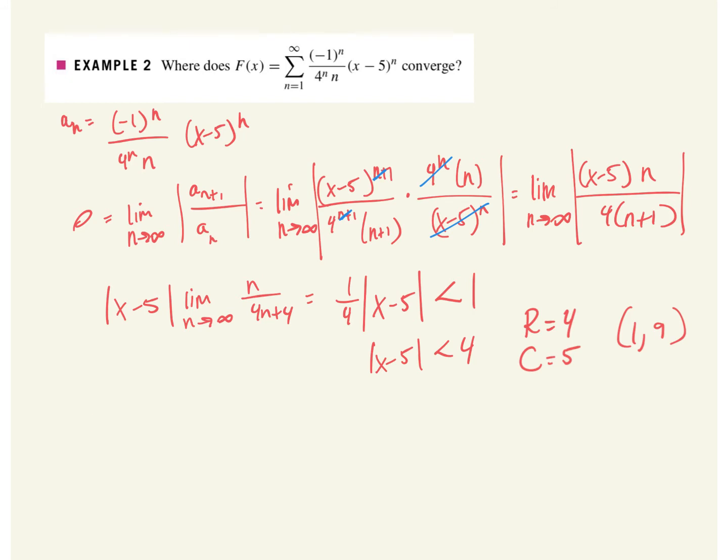So I need to know when x equals 9, I need f of 9, which would give me negative 1 to the n over 4 to the n times 9 minus 5 to the n. Well, 9 minus 5, using my center here, is 4. So then I really just have a 4 to the n twice, and I can cancel those out. So then I end up having negative 1 to the n power over n as my series.